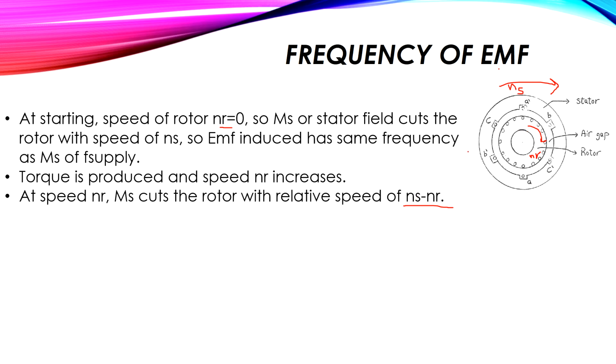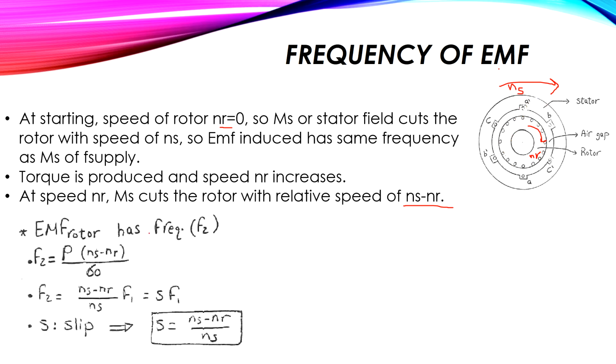But now that the rotor starts to rotate, the relative speed between them is ns minus nr, so the induced EMF here will have a frequency depending on the relative speed. In this case, the EMF of the rotor has a frequency f2.